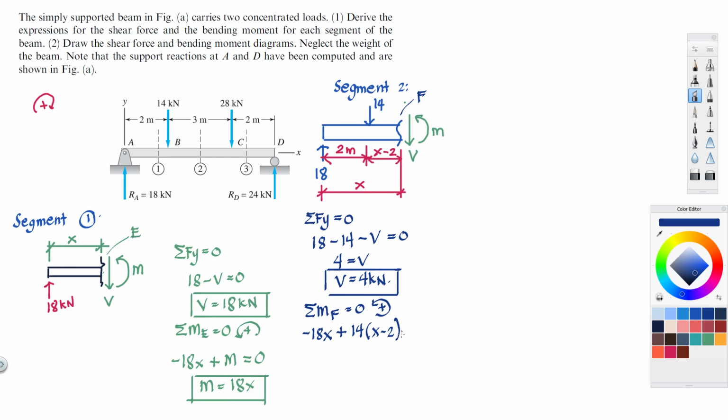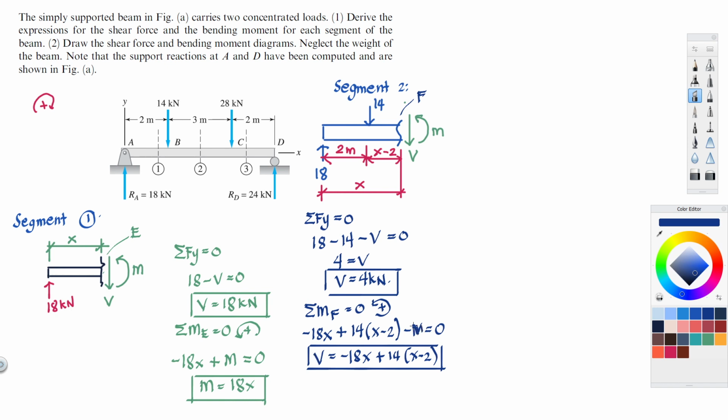Okay? And then you will be having here minus V is equal to 0. And now, you will be having here the M equals to negative 18x plus 14(x minus 2). This is applicable only for the second section.